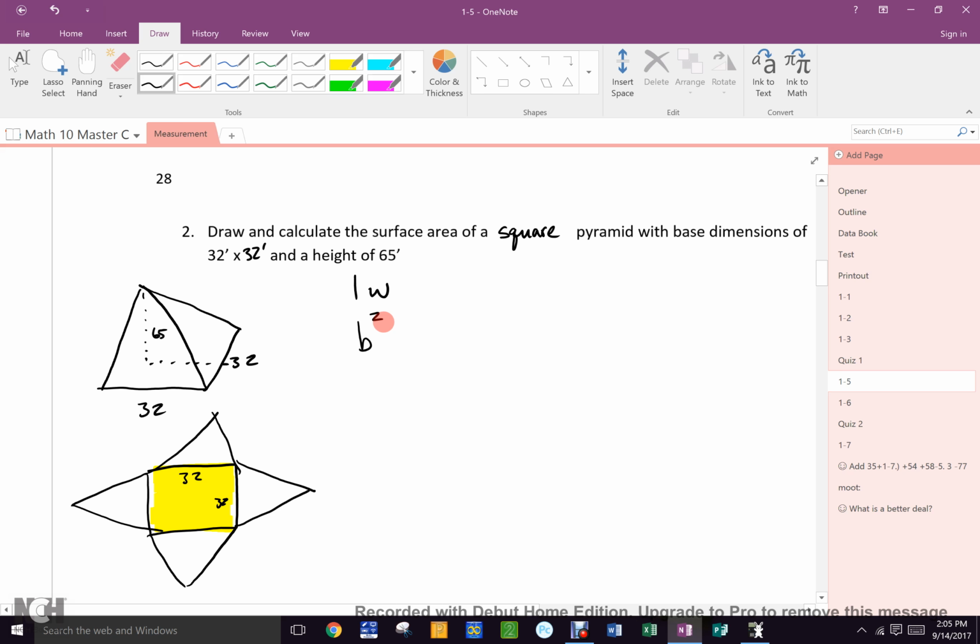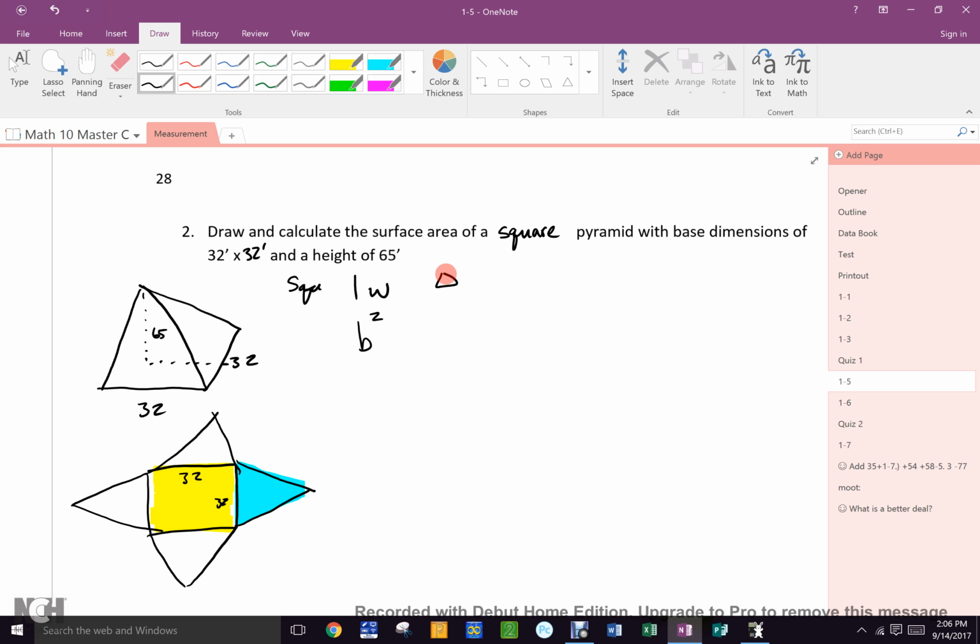Everybody cool? And then there are how many of those? 4. How do you do the area of a triangle? So it's a square plus 4 triangles.